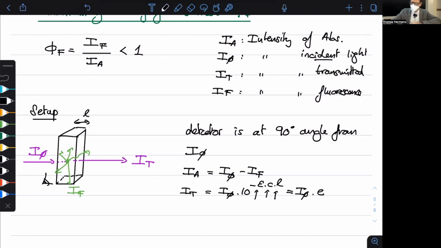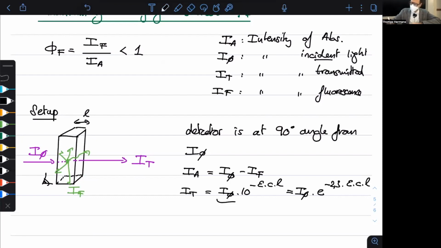You can also write it as an exponent, then it just adds this 2.3 times E times concentration times path length. This doesn't matter, it's just some mathematics.